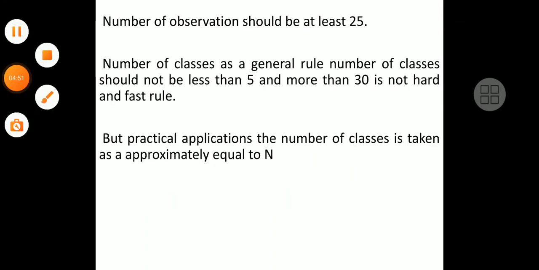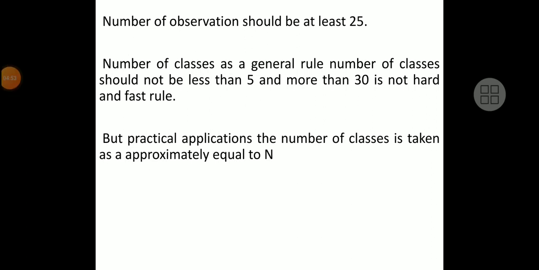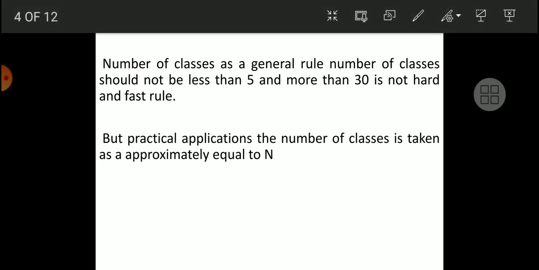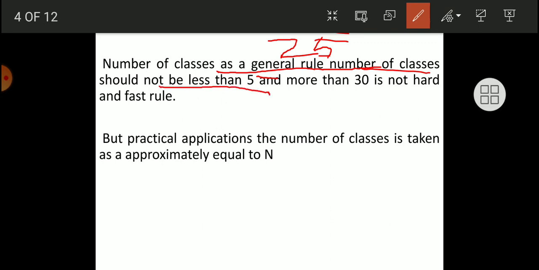Now, the number of observations should be at least 25. Right now our data has 100, but at least 25 observations should be there. As a general rule, the number of classes should not be less than 5 and should not be more than 30.